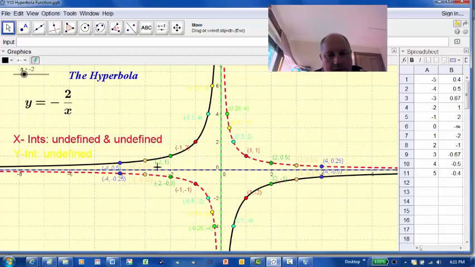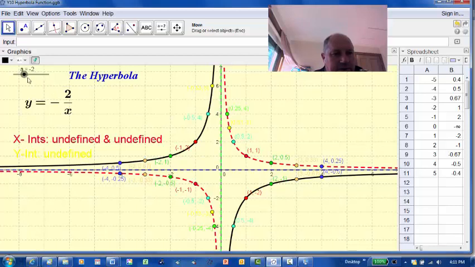We get the same effect, it's still reflected over the x-axis, but now the stretching from the x-axis is twice as far. So the point (negative 1, negative 1) becomes (negative 1, positive 2). The point (1, 1) becomes the point (1, negative 2). The table values there are for the exact values, you can't read them off the graph.